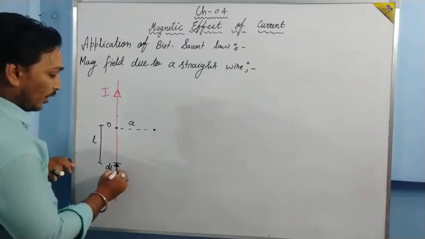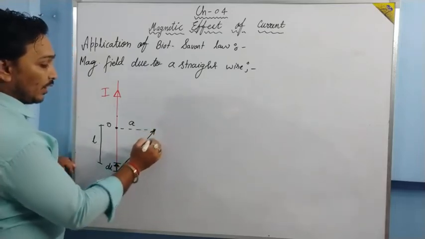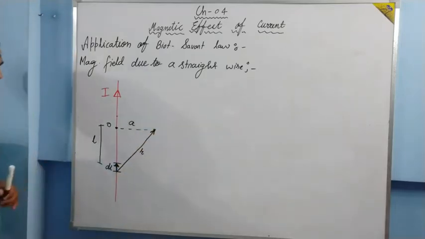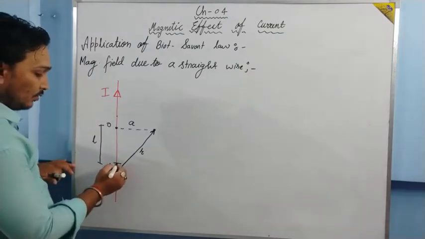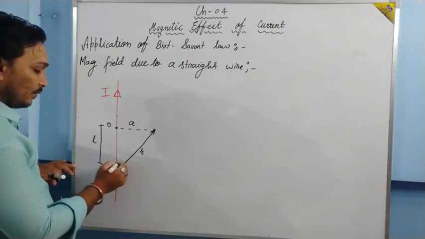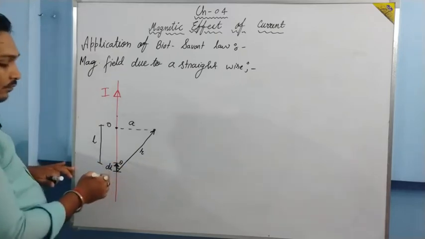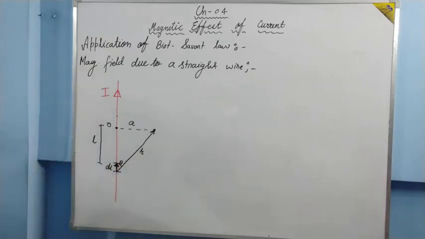Now from dl, let this point be at a distance r. Let this angle between dl and r be theta. Okay, this very angle is theta, right?